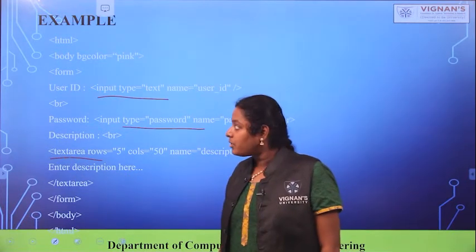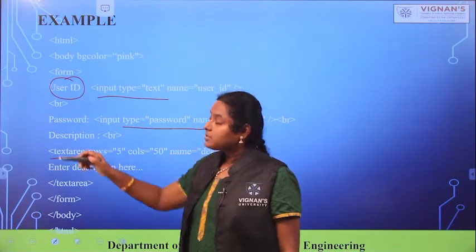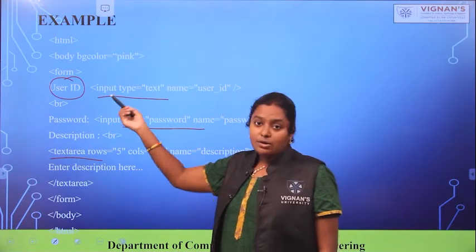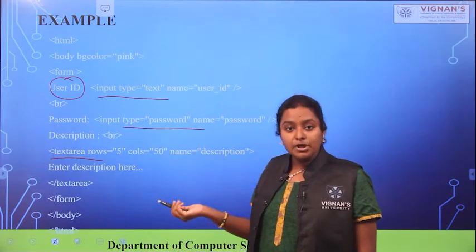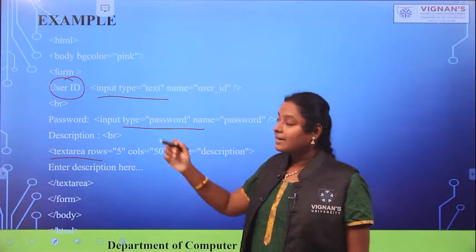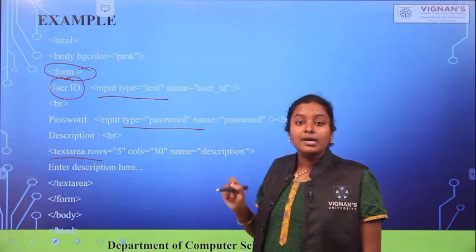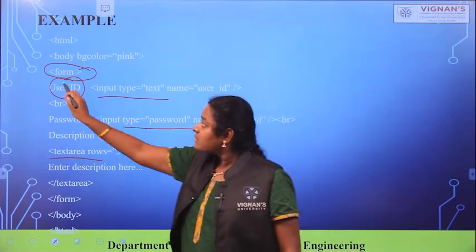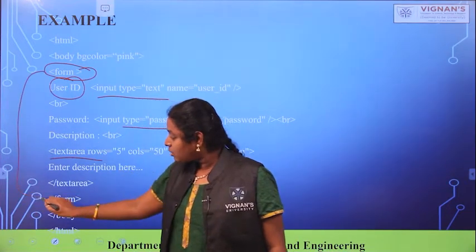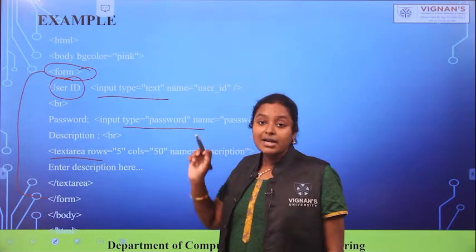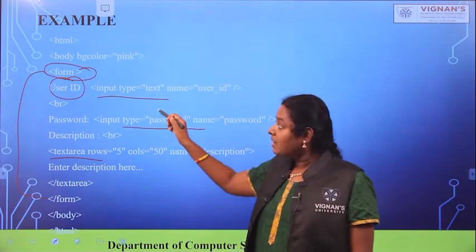In the output this is called a label. You can write the label with the help of a label tag, or directly write the content within the form. All the controls must be written inside the form tag, between the opening and closing form tags.